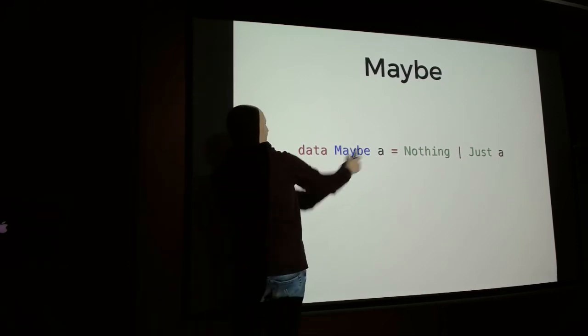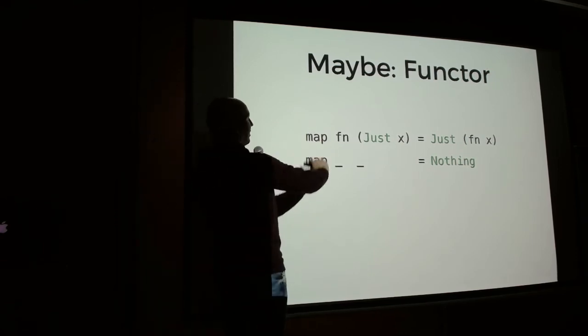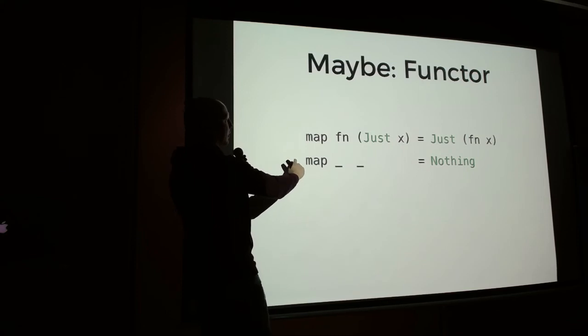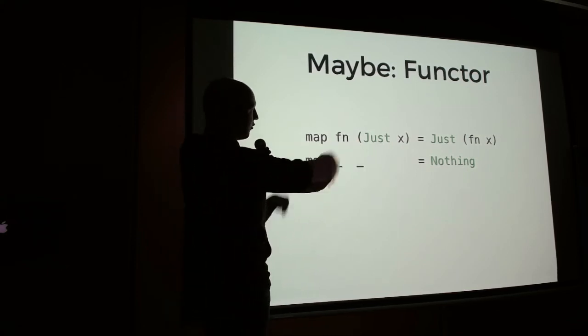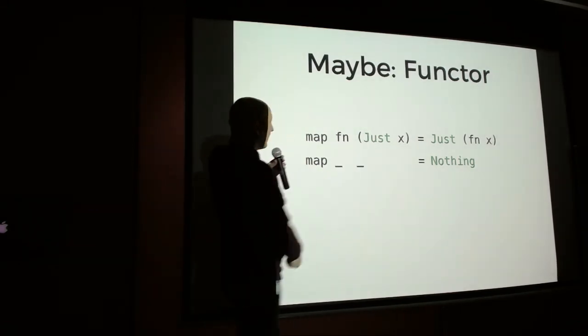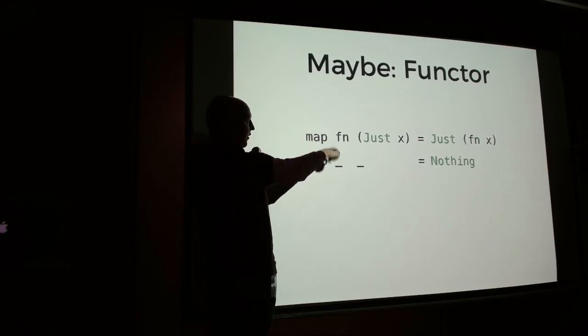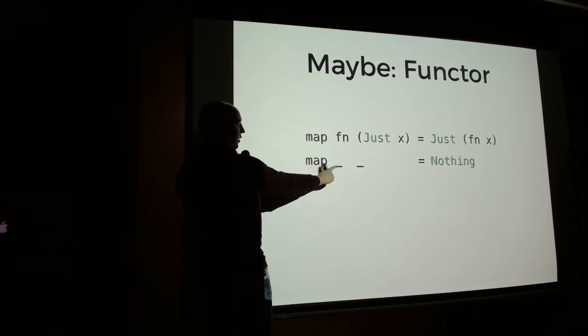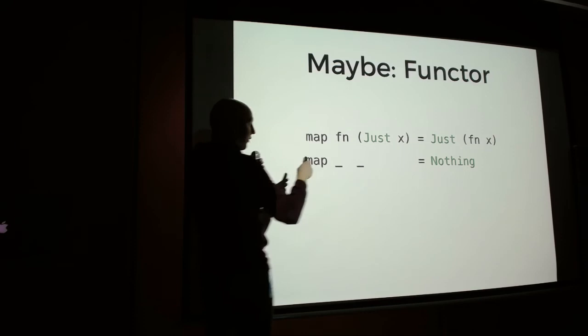So that's maybe for some type A. And then, when we want to map some function over maybe, we have to consider two cases. When we have just some value there, then we can just wrap it again in just and apply the function to the value inside. And if we have nothing, because that's the only other alternative, we don't even care what function is here, and we don't really care to even call nothing by its name. We can just simply return nothing.